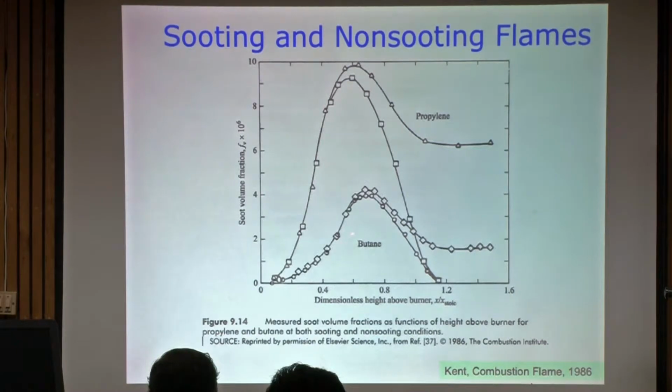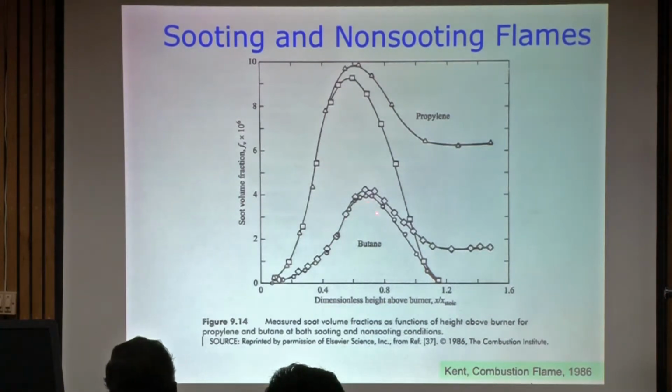So if you look at, for example, butane, for one condition it is non-sooting. The soot is produced, and as you go toward the tip of the flame, it gets oxidized.